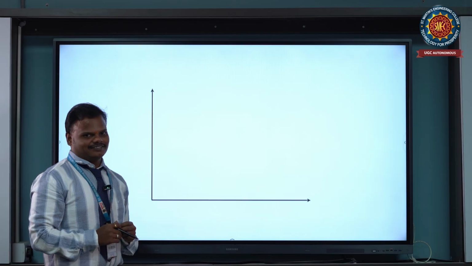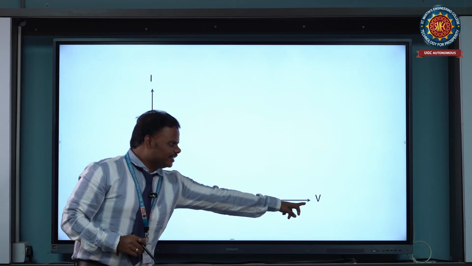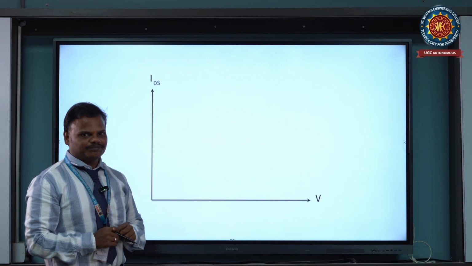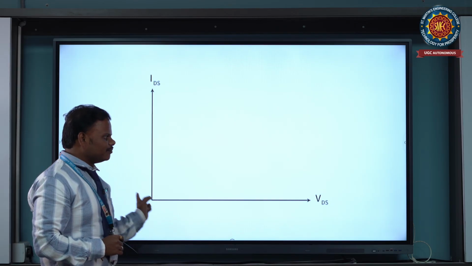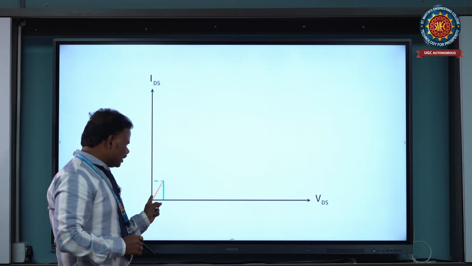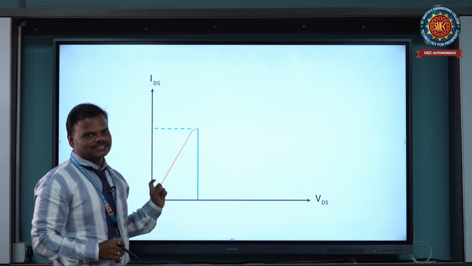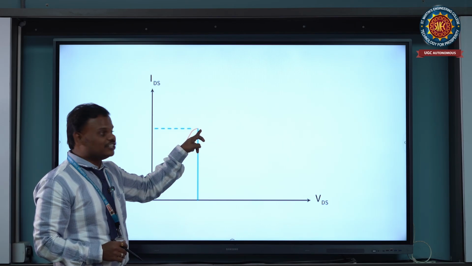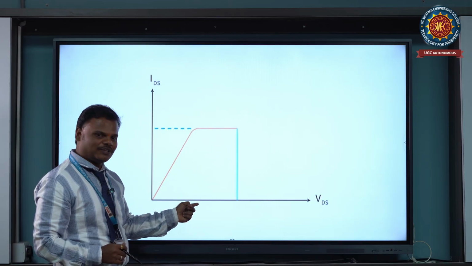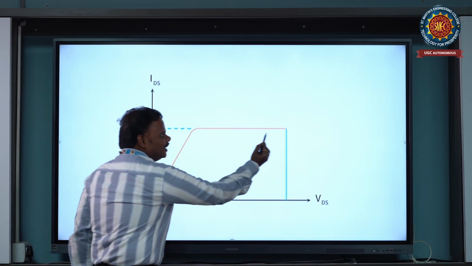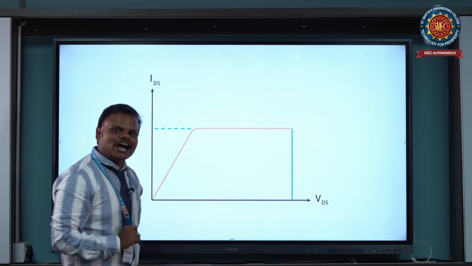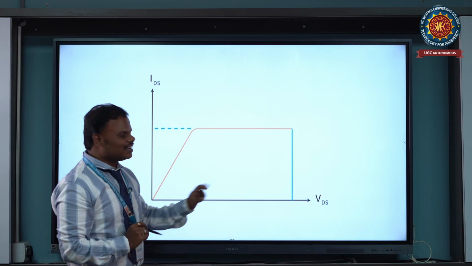I have drawn the graph between VDS versus ID. When I increase the VDS value, the current increases proportional to the applied voltage. But after the pinch off voltage, it maintains a constant output.